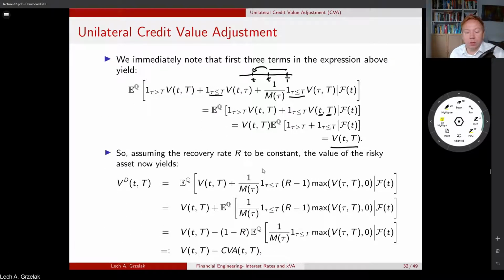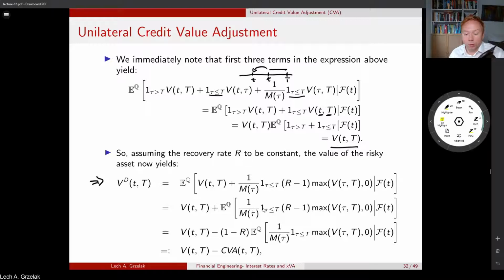Of course, the second part is how to include the default. This we can actually now put in the expectation, and this will be the price of a risky derivative, so the expectation under Q of V_T. And now we have this part with a convex part, with a maximum and recovery rate. Okay, linearity of expectation. This is also measurable, so we take it outside of the expectation.